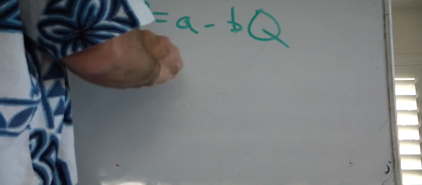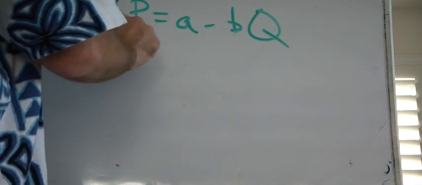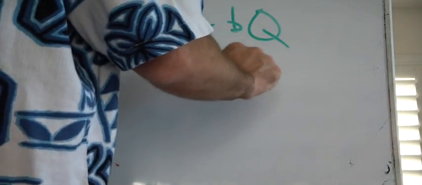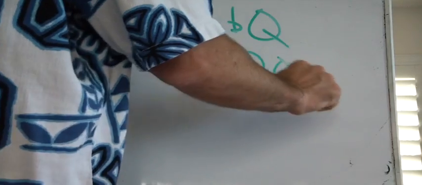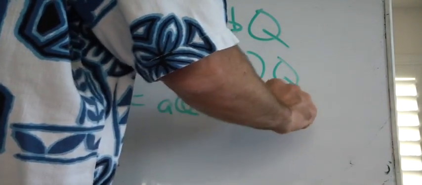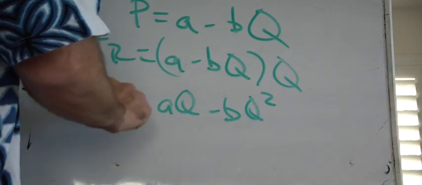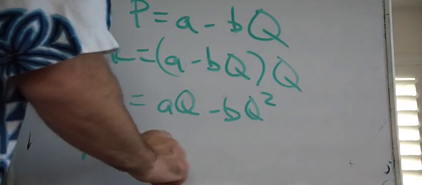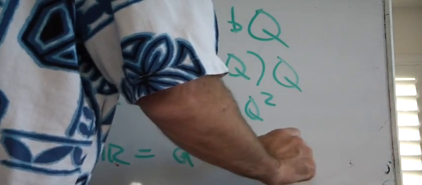Then total revenue is price times quantity, which is AQ minus BQ squared. Marginal revenue is just the first derivative of this, which is A minus 2BQ.